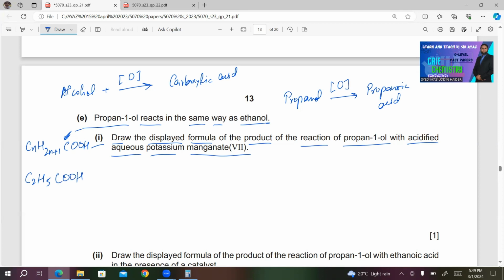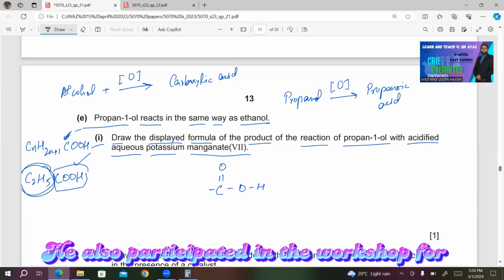Now it's a carboxylic acid. You must have C double bond OOH. So first of all, I am drawing the C double bond OOH. Now I am left with this part. I am done with this part, COOH. Now I need to draw C2H5 in the displayed formula form. We have 2 carbon atoms. 1, 2.